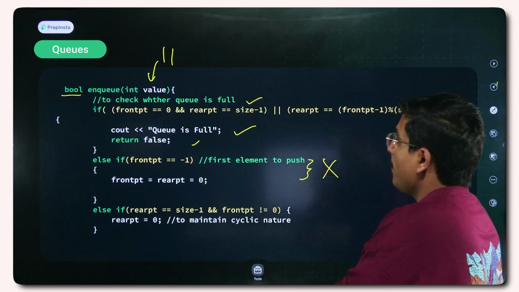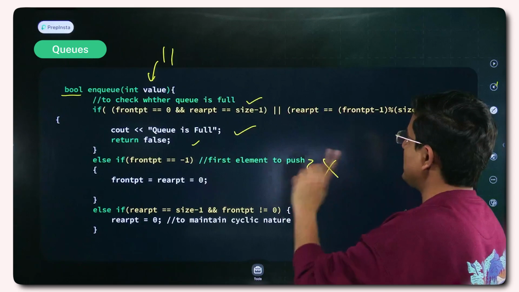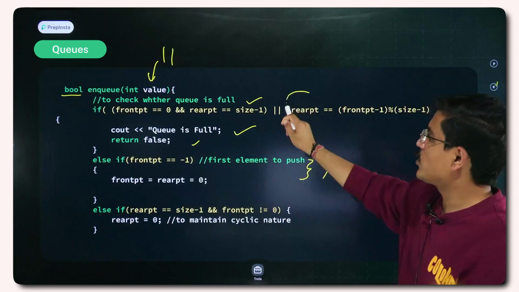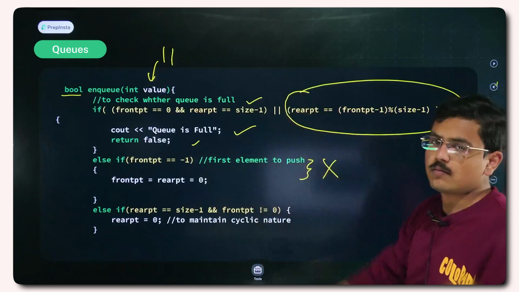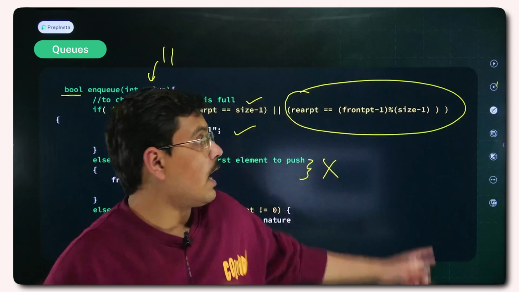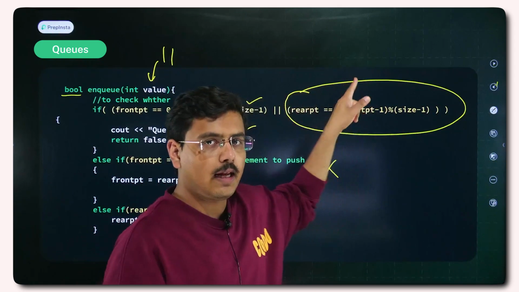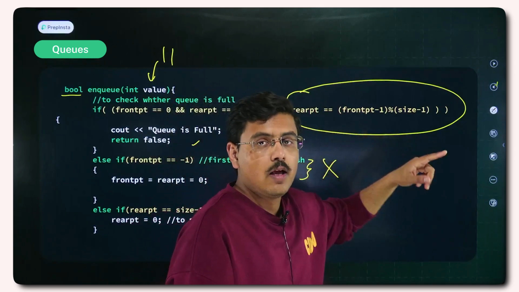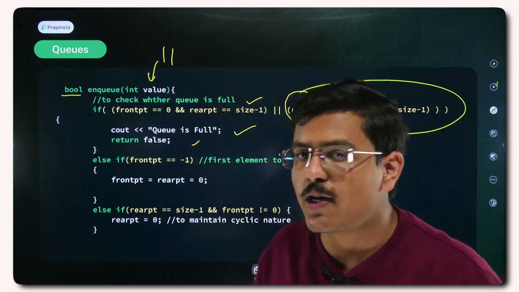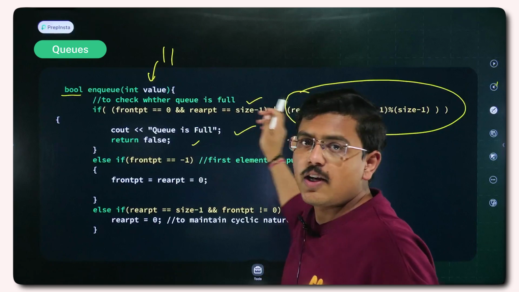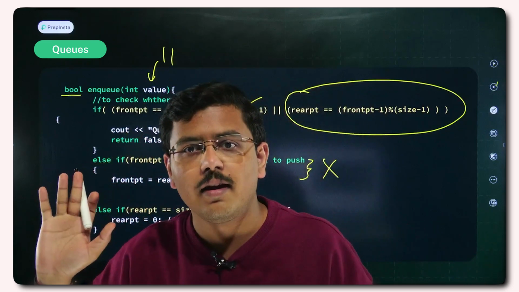Fine. But the careful thing to see is, I have not explained you this condition. I'll come to this. Wait for a while. I'll explain you this as well. But once we reach that situation where this particular condition can occur, then only I'll explain you that.